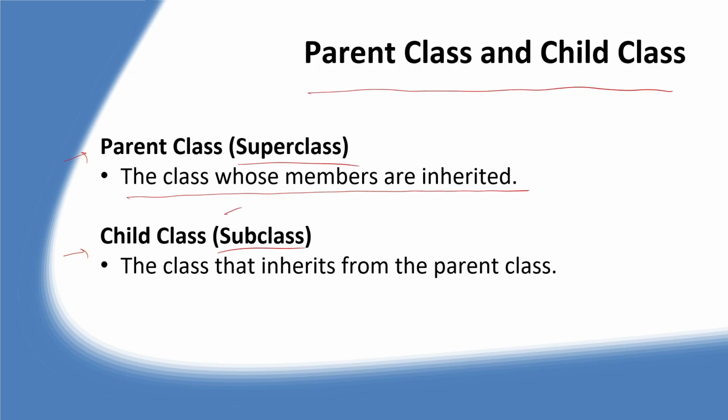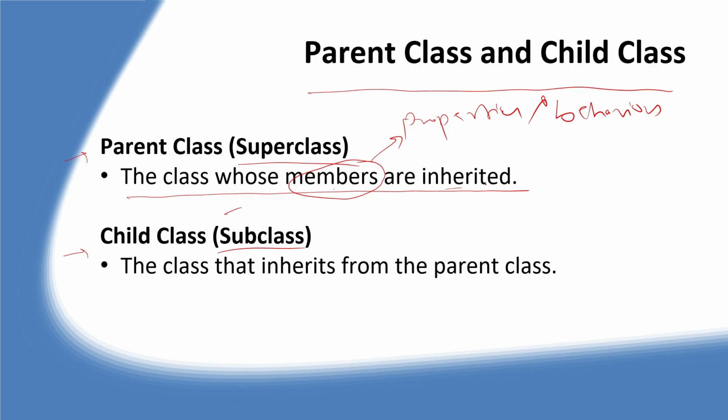How do we identify? The class whose members are inherited. Members means what? Properties and behaviors. So the class whose properties and behaviors are inherited.